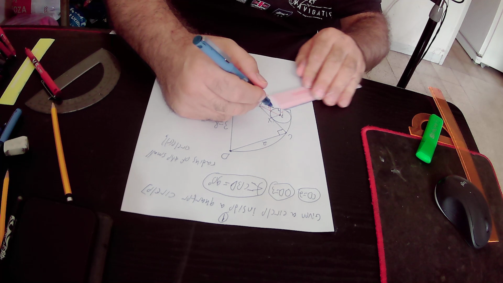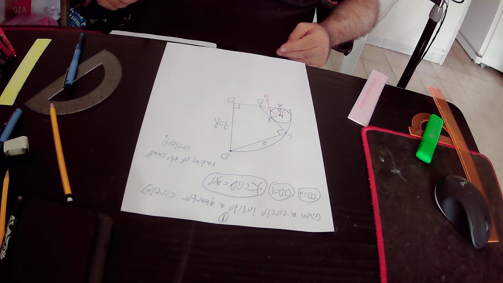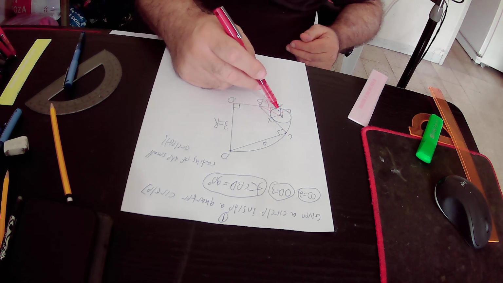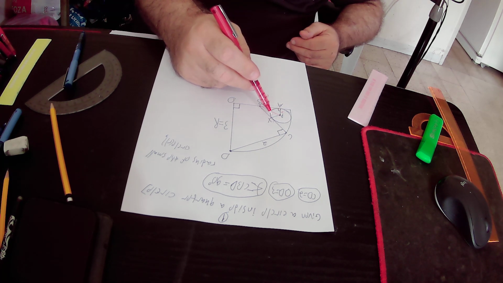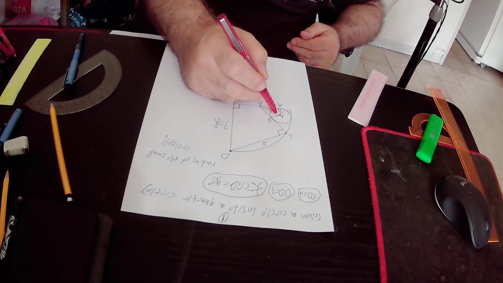So actually PX will be the radius of the small circle, because PX exits from the center of the circle, that is to say from point P, and ends at point X, a point on the small circle itself. Therefore PX is the radius of the small circle. I will mark it as small r.